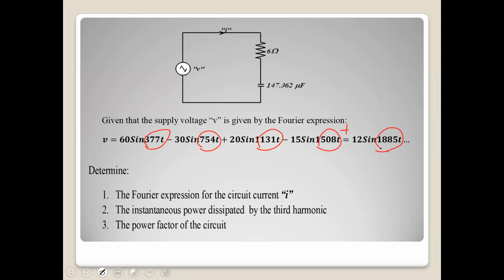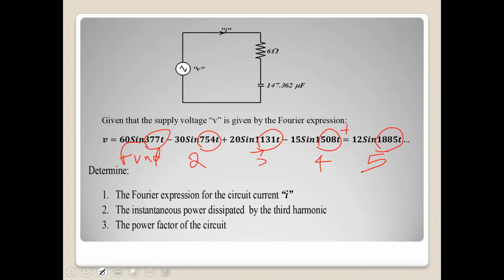So it's saying to us that this would be your fundamental. This would be a second harmonic. This would be your third harmonic, your fourth, and your fifth. It doesn't take a lot of time, but it's a good quick check that you would want to do when you're about to take on a question like this.